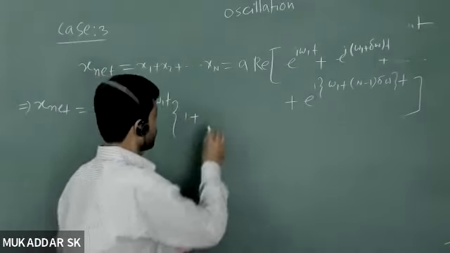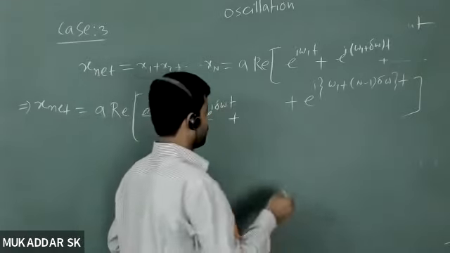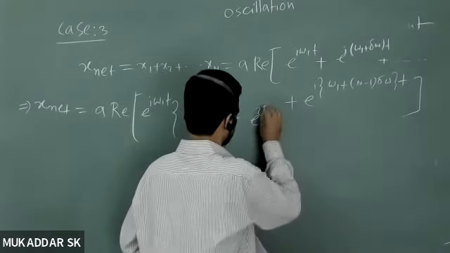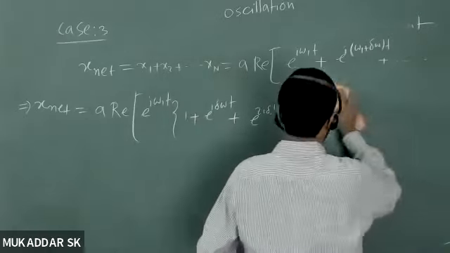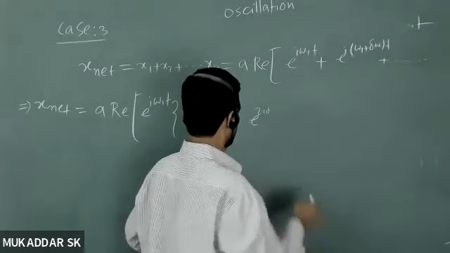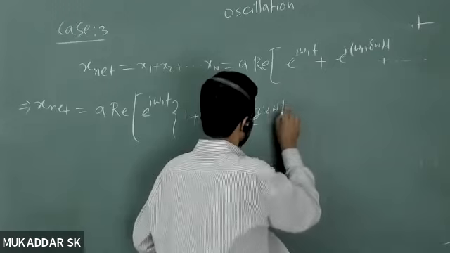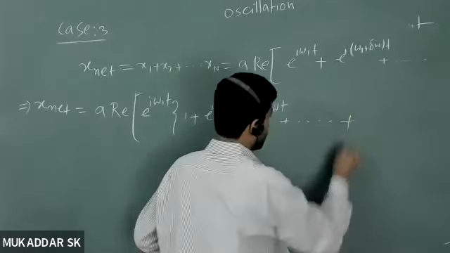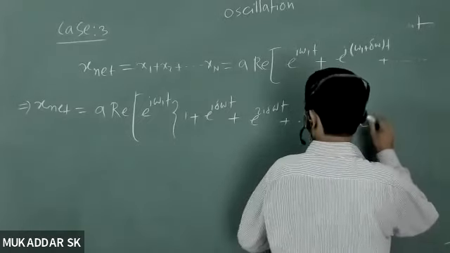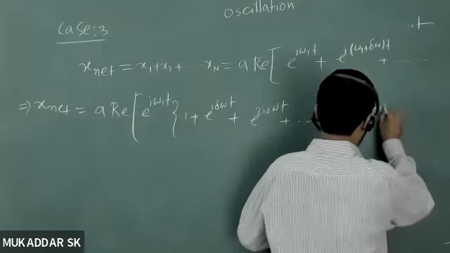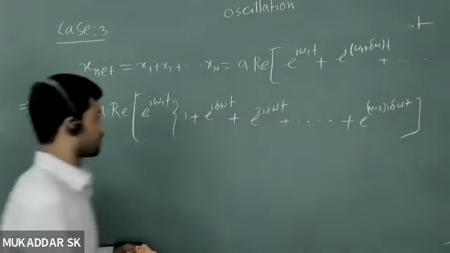The second term will be exponential i delta omega t, and the third term will be exponential twice i delta omega t, and it will continue. The last term will become exponential n minus 1 i delta omega t. Okay.